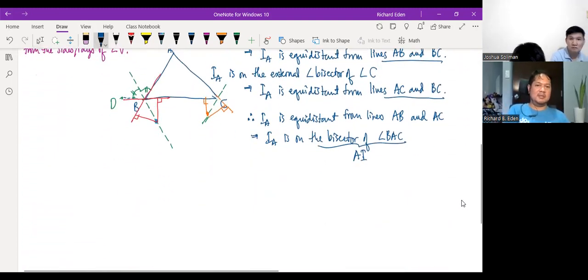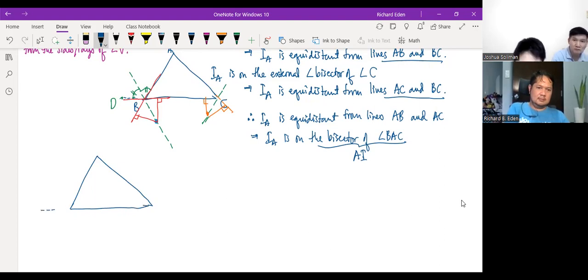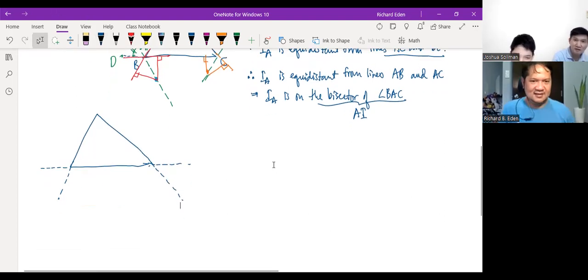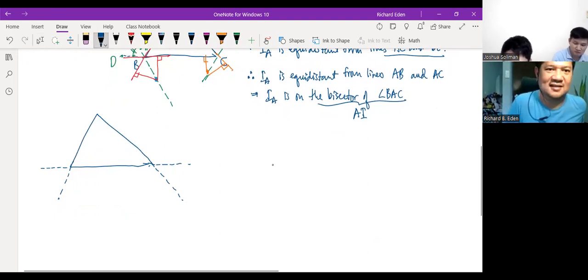Okay, back to the same drawing. So actually, I'm just going to reconstruct the drawing, so that I'm not going to copy paste. It is a W for me.